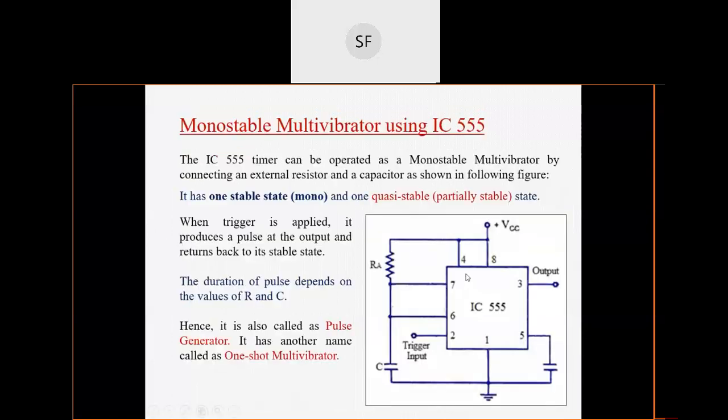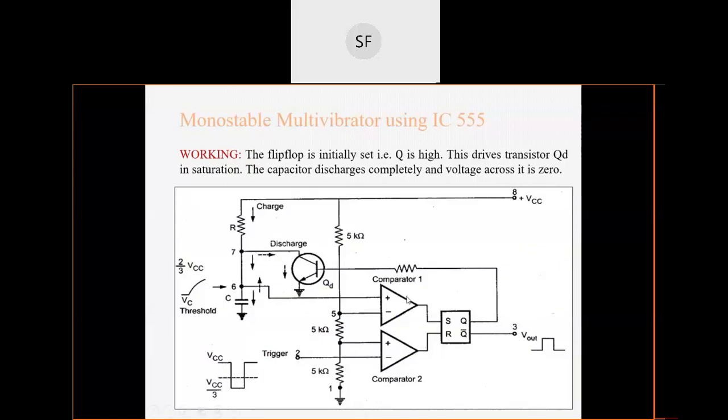Here this square bracket was indicating IC 555. You used the schematic symbol for IC 555. But what is IC 555? This is the actual block diagram, the internal structure of IC 555. So while explaining the working of monostable multivibrator, you need to draw this basic block diagram.